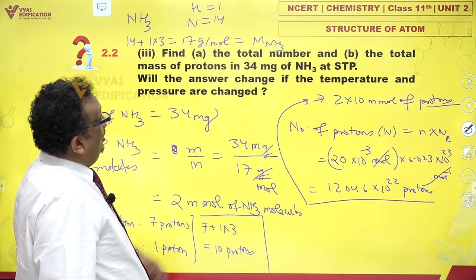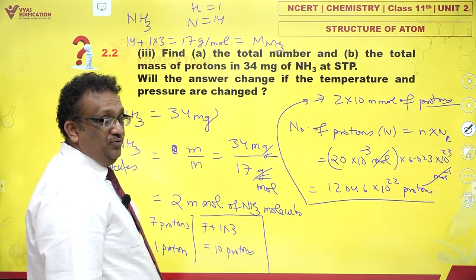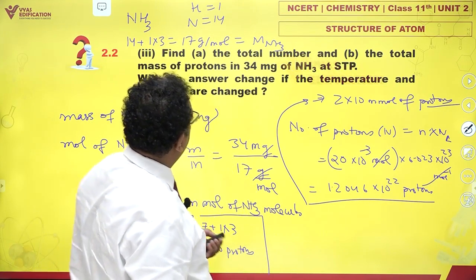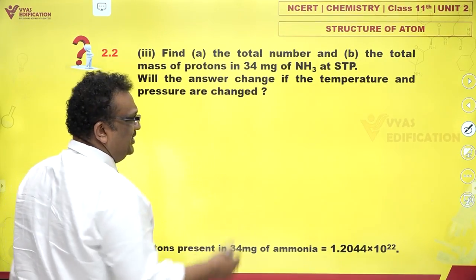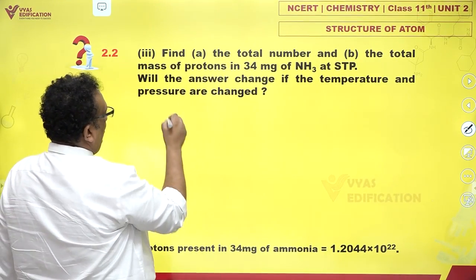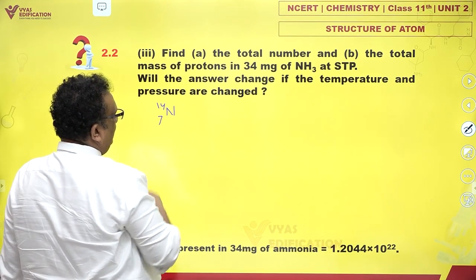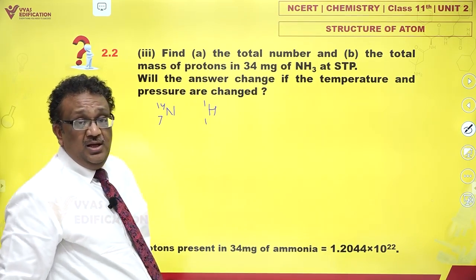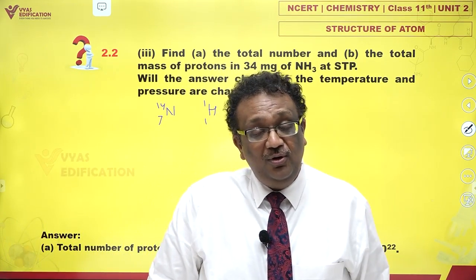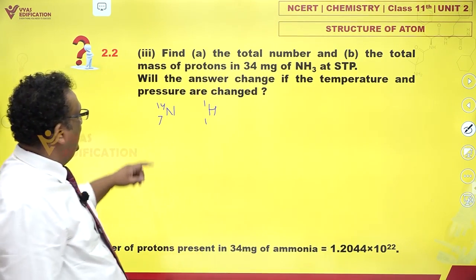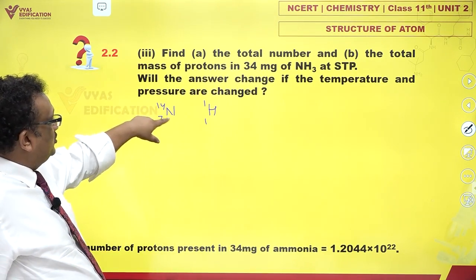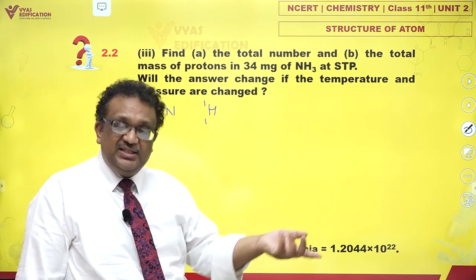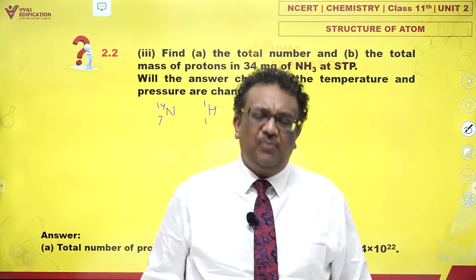Anything else? B part, total mass of protons. How do I get the mass of protons? Well, that's very simple again. See, I'll use the space for further calculations. Now, nitrogen atoms, if you see, and a hydrogen atom is 1. Mass of hydrogen is same as mass of a proton. Electrons have negligible mass. And whatever is the mass of nitrogen, if nitrogen has a mass of 14, then out of that protons have a mass of 7 AMU, and the remaining 7 AMU goes for the mass of neutrons approximately.